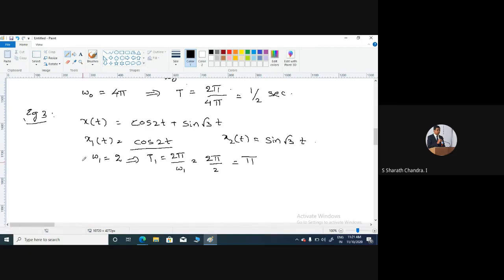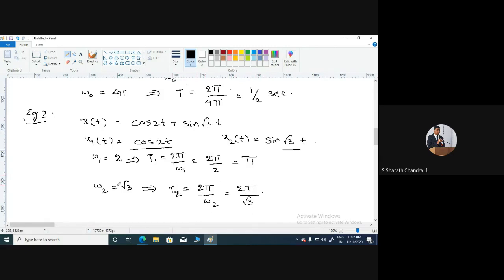And similarly, for x2 of t, omega 2 is equal to root 3, and T2 in this case is equal to 2 pi by omega 2, which is equal to 2 pi by root 3. Therefore, the fundamental period of the second signal is 2 pi by root 3.